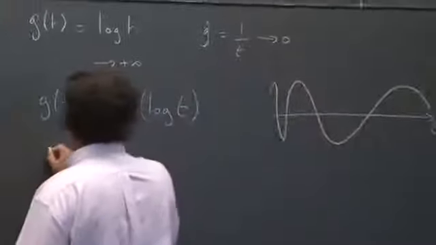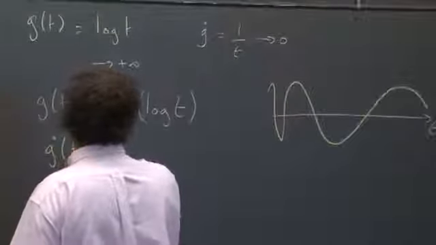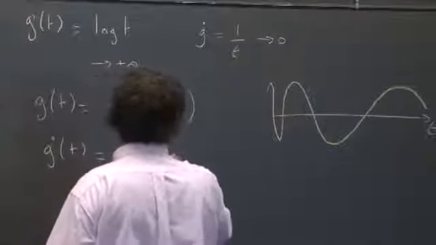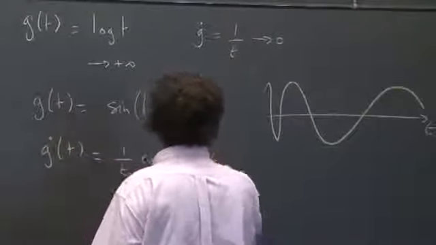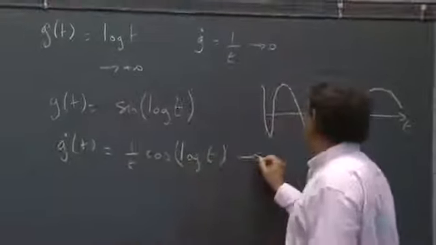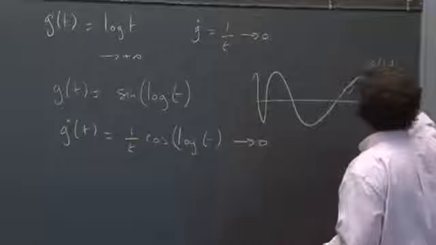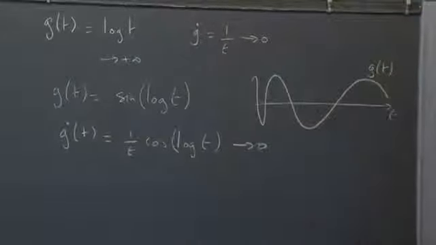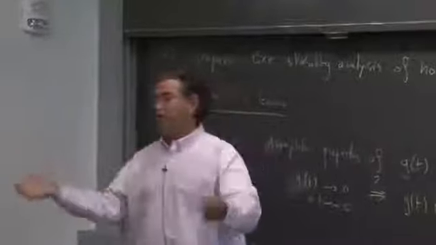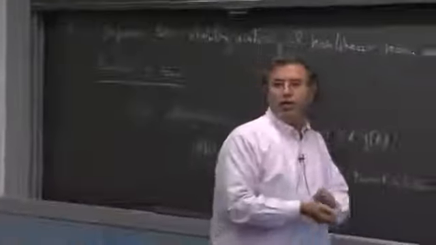Right? The g dot is going to be 1 over t cosine of log t. So g dot tends to 0, of course. This is g of t. G dot tends to 0, but the function keeps drifting, slower and slower. It doesn't tend anywhere.